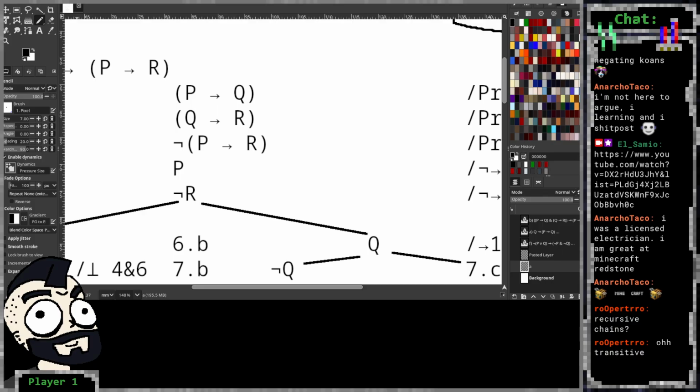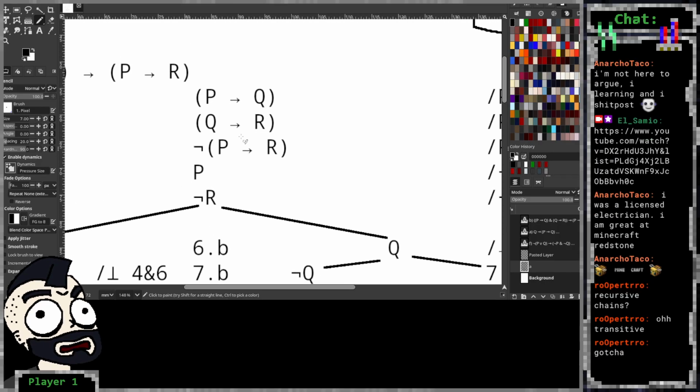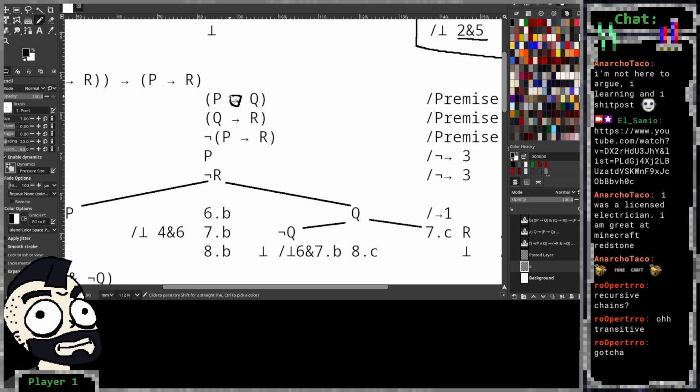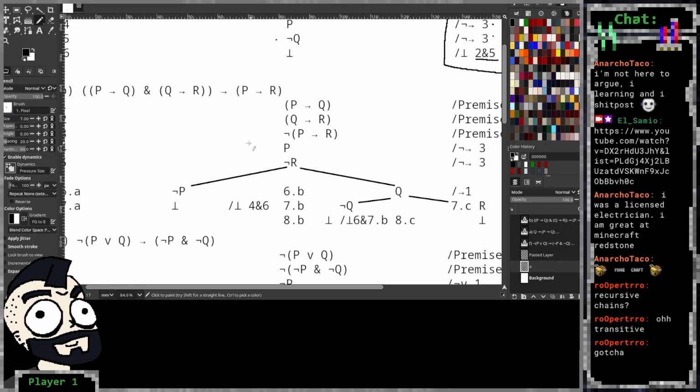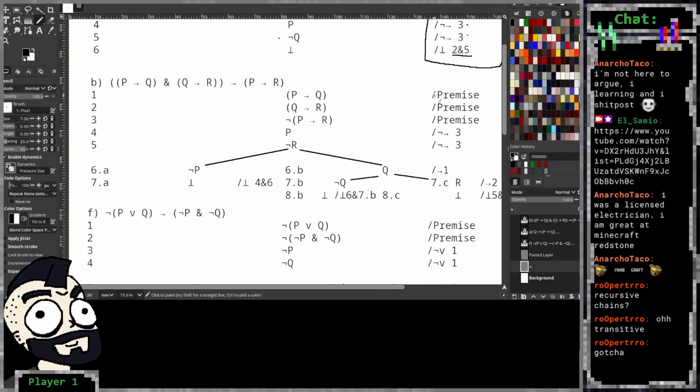So yeah, I know this is valid. I know that the transitive property applies to the conditional. But let's see how we went through this. Okay, so the first three formulas are justified by them being premises.